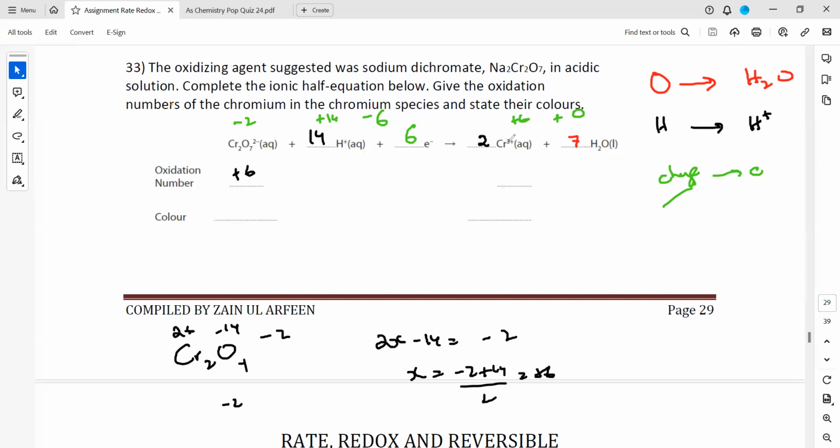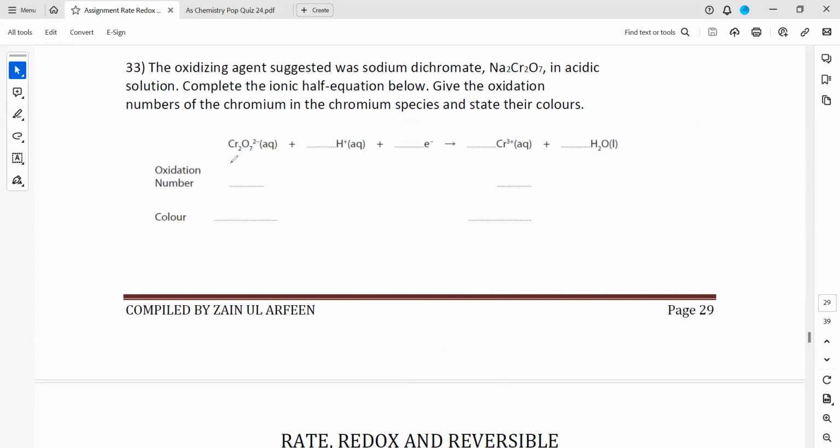And here for chromium, when it exists as an ion, the charge which is written is the same as the oxidation number. So if you want to work out the oxidation number of chromium, Cr2O7 has a charge of -2. We don't know about chromium. 1 chromium is x, so 2 chromium will be 2x.